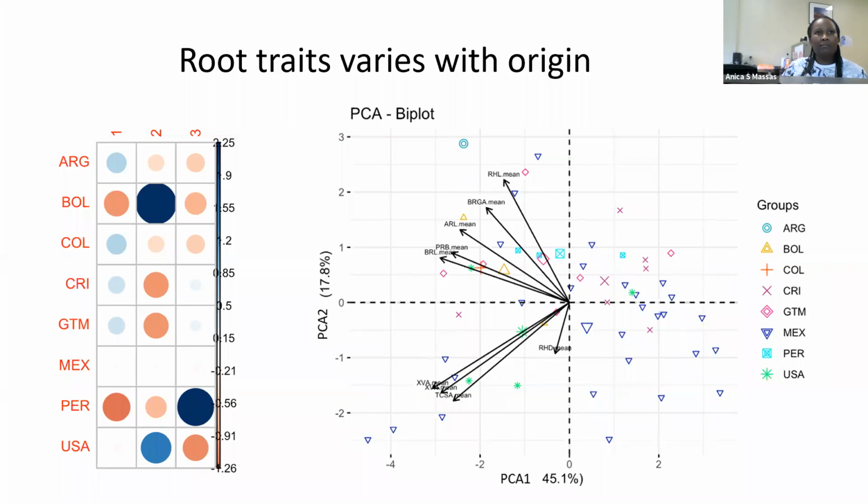It might be due to the environment, as we know that most of them come from dry soils. It must be the environment that makes them behave differently than other groups. That's why they are separate from the other groups, and they have a different setup.